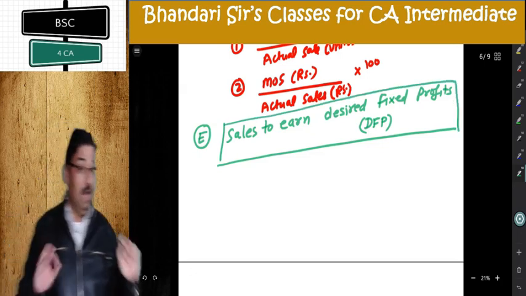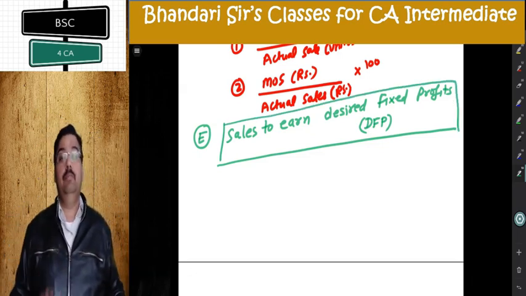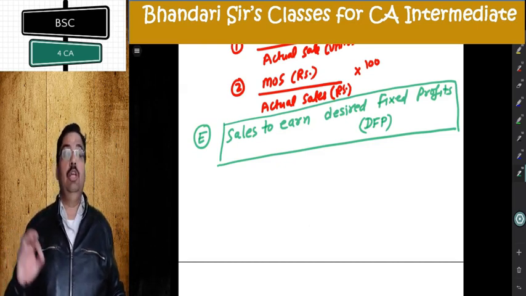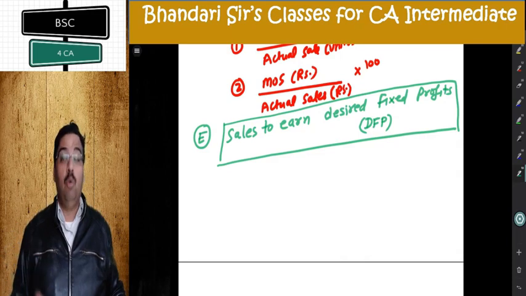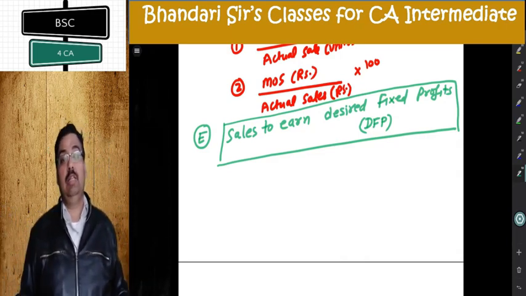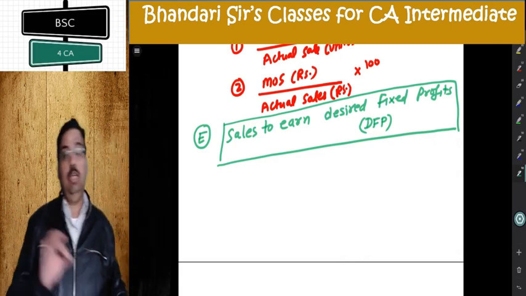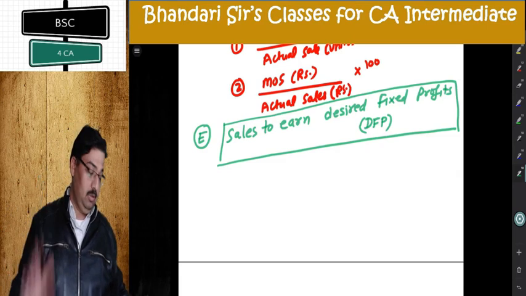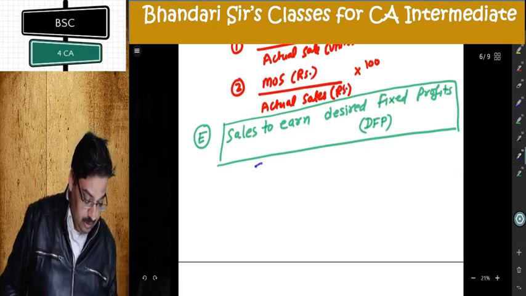Now it can be handled algebraically by assuming such sale units or sale amount to be X. We can use the basic equation, sale minus variable cost minus fixed cost equal profit. That is one way of doing. Here I am telling you formulas.